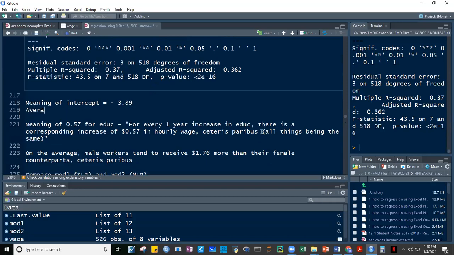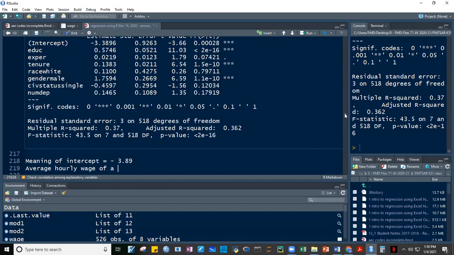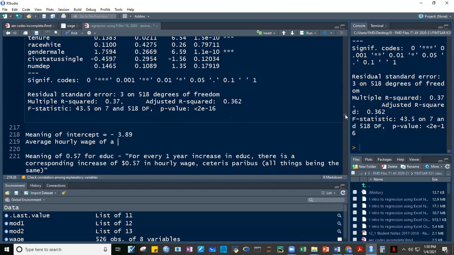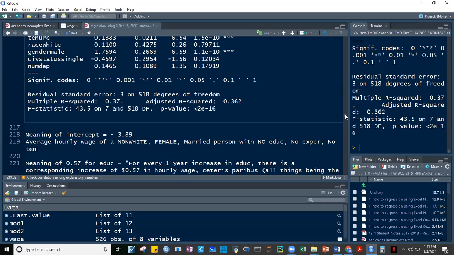This is the average hourly wage of a non-white female married individual person with no education, no experience, no tenure, and no dependents. Okay, let's take time to look at this, guys.